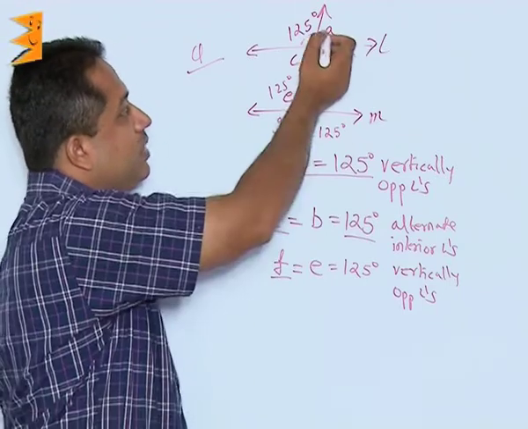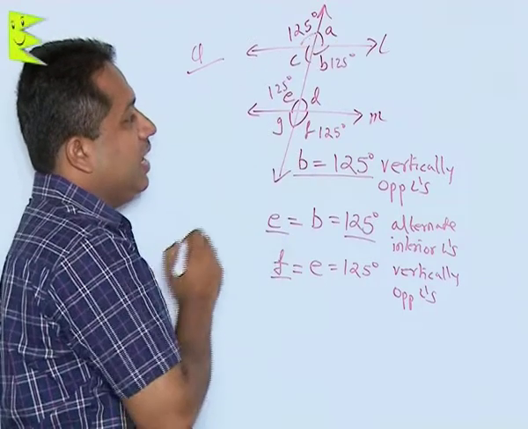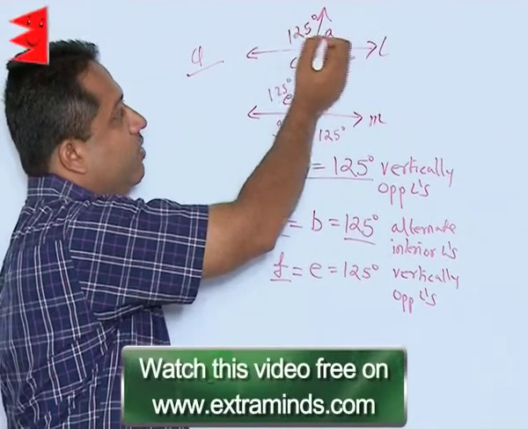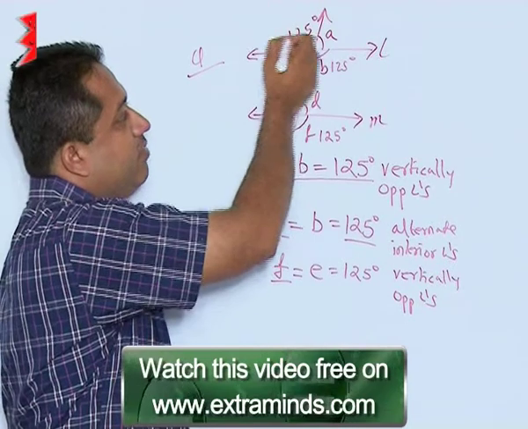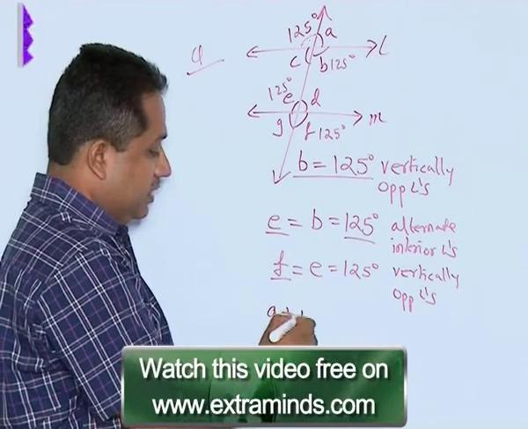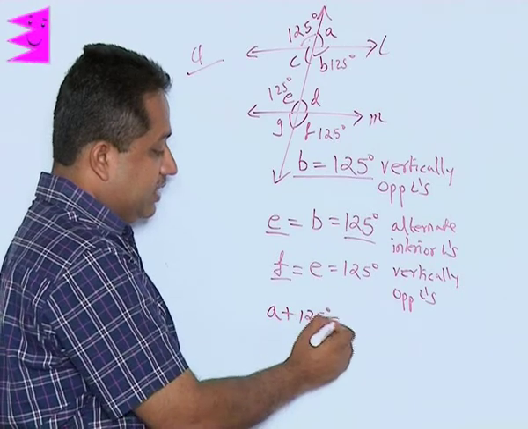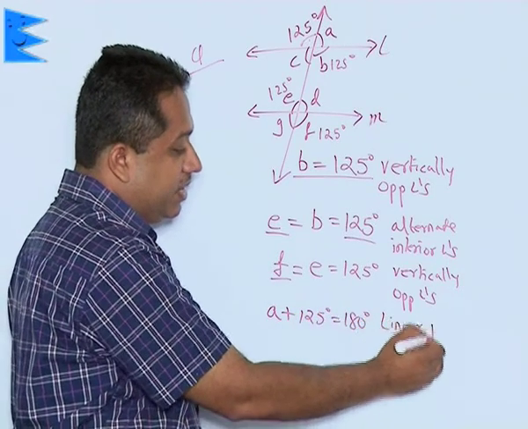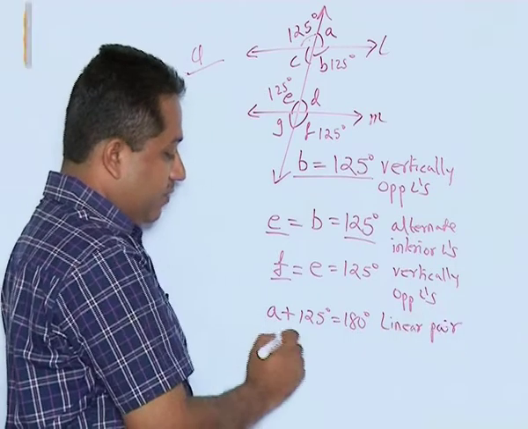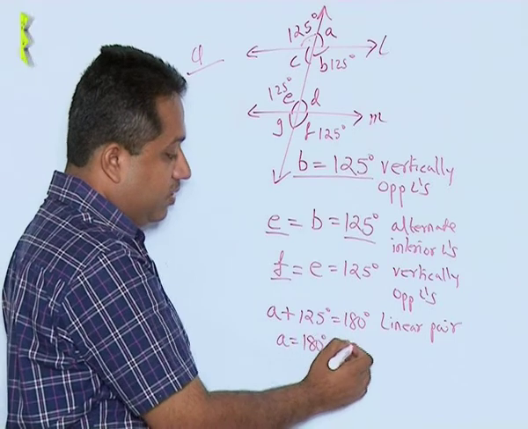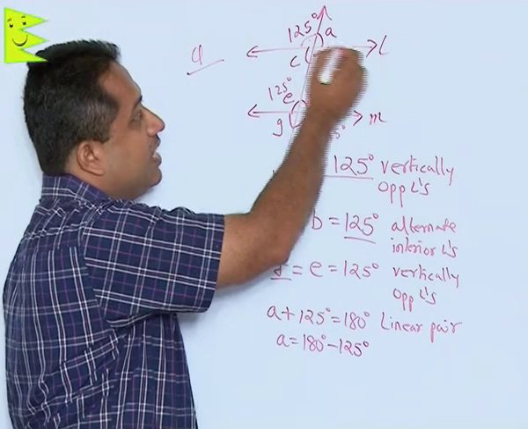Now, the unknown terms are A and C and D and G. So, what is A? Now, A and this angle 125 are forming a linear pair. So, we can say that A plus 125 degrees is equal to 180 degrees by linear pair, and therefore, A will be 180 minus 125 degrees because this is a straight line.